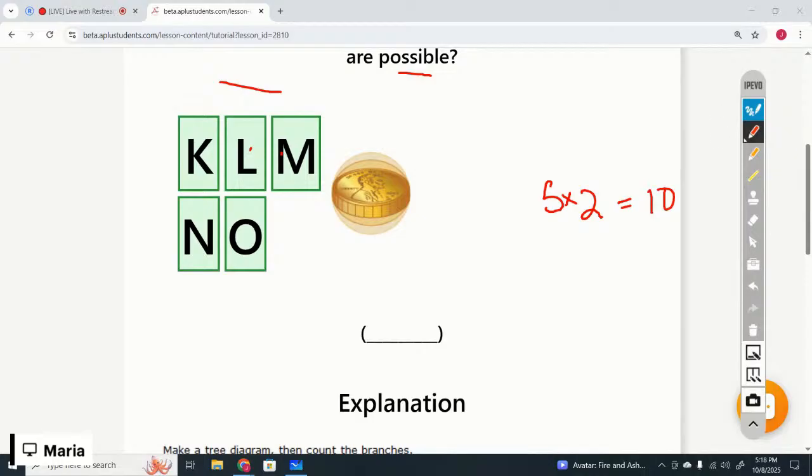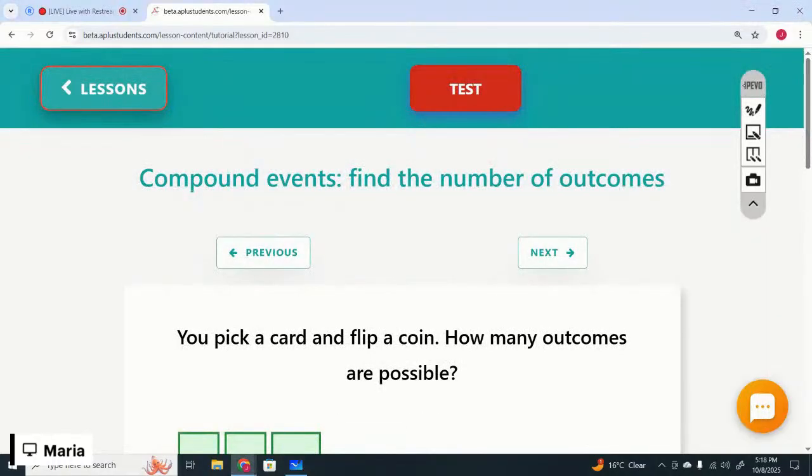The total outcomes for both the events we have is 10. Let's just start with the test questions.